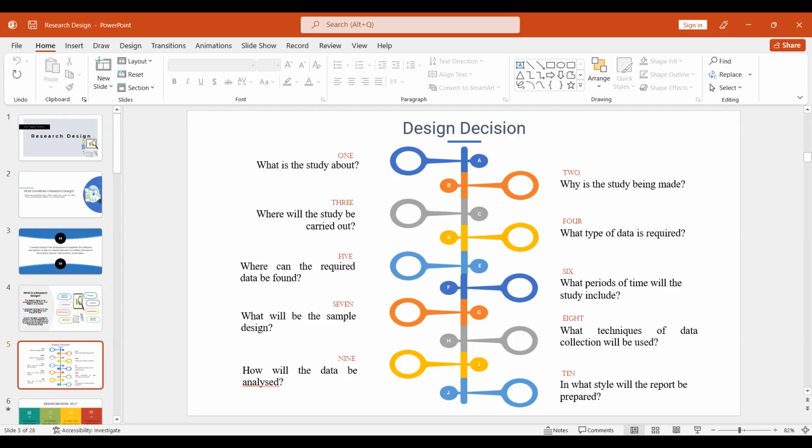The fifth question is, where can the required data be found? It means where the study will be done, and what period of time the study will include.